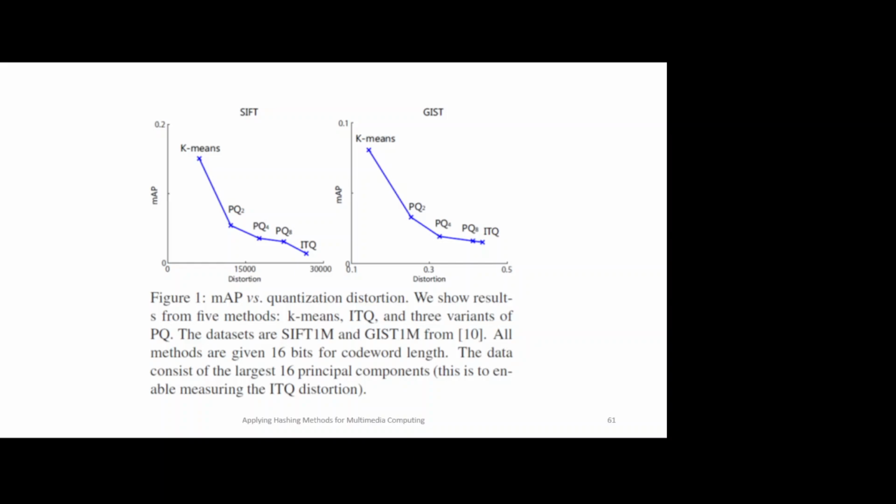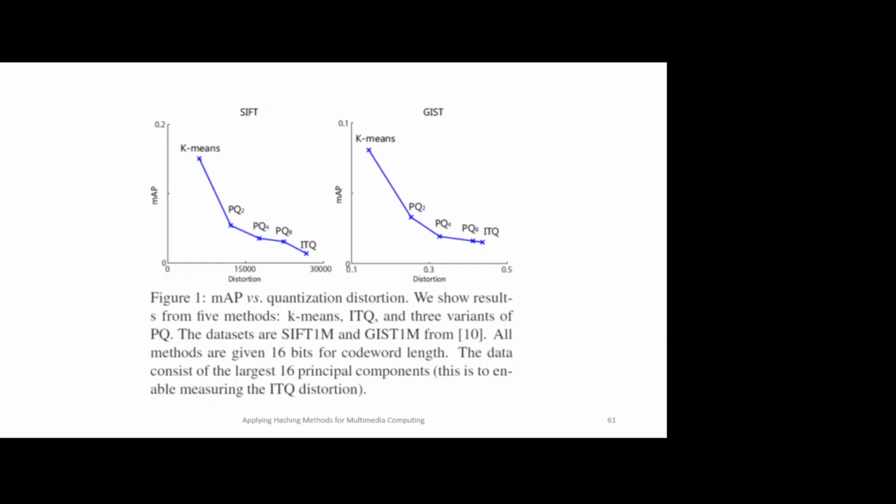But although ITQ gets the lowest MAP, its code is very compact. Its computation can be very fast. Even though all of them are 16-bit encoding, ITQ is a binary code, so the computation is very efficient.